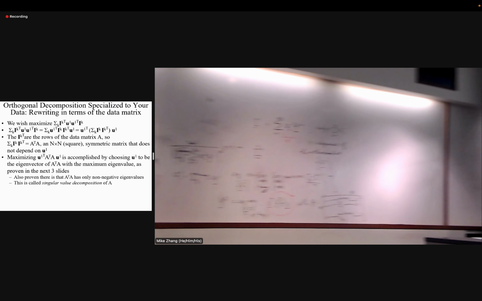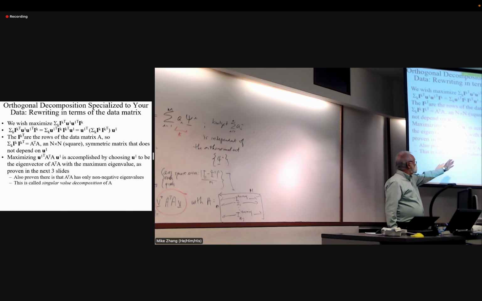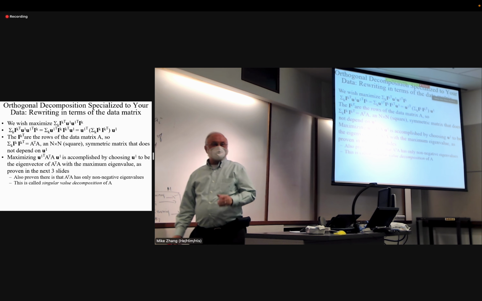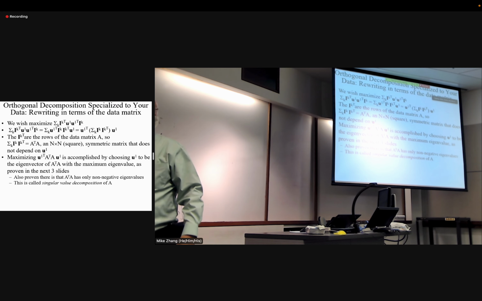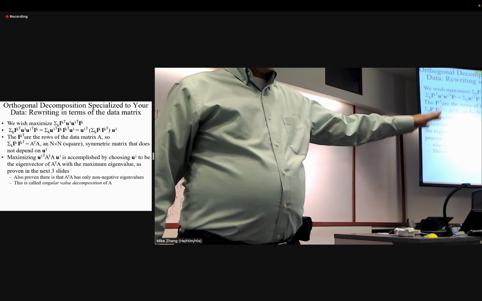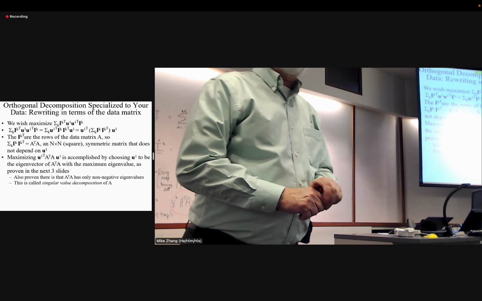This whole process ends up being the singular value decomposition of capital A, which goes by the three letters SVD. You're going to see SVD in the literature over and over again. Singular value decomposition is an important thing to learn from this course.